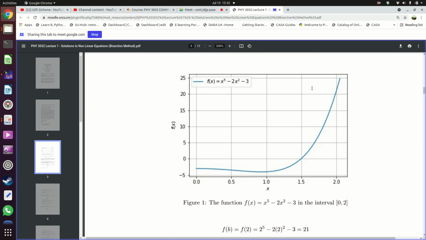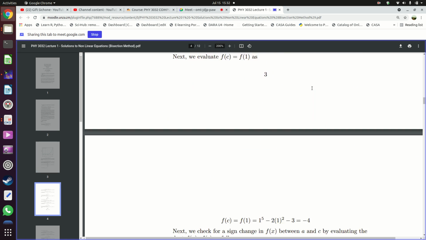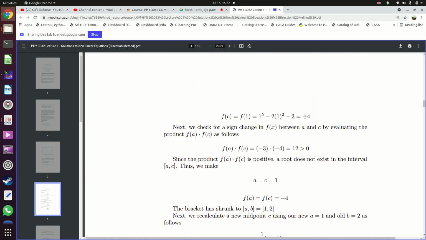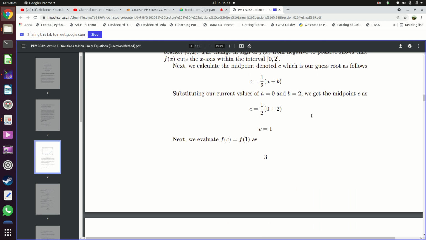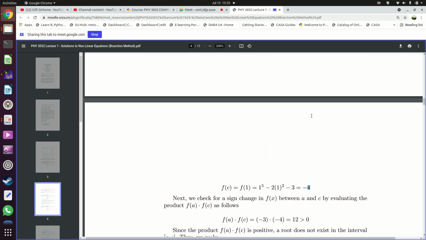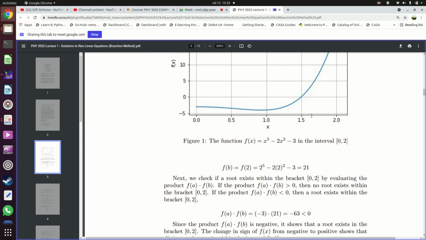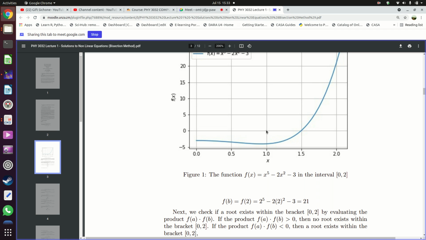Then we have found the midpoint, f of 1, which is also negative, it's minus 4. Then we have f of b, which is 21. So the midpoint is here. C is equal to 1. That's where our midpoint is.